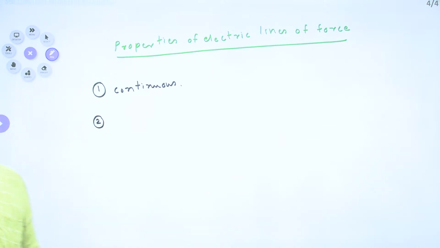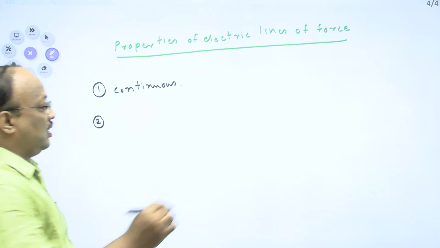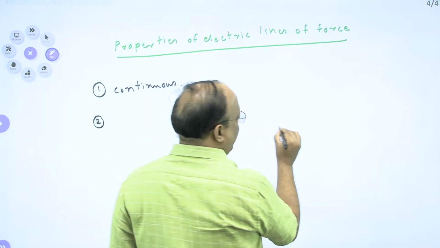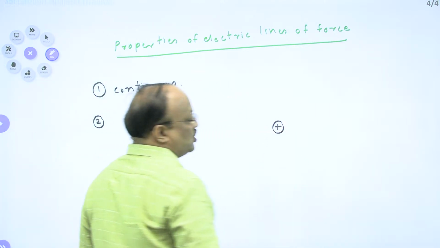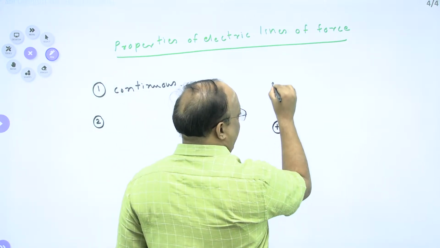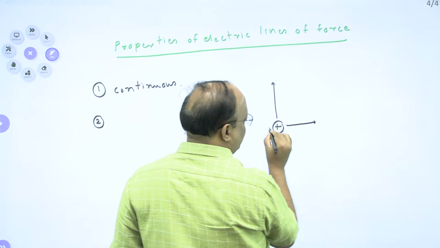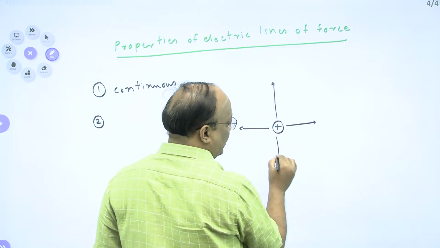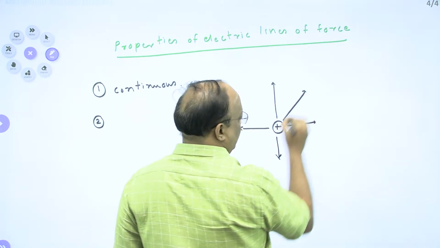Second, if we have an isolated positive charge, what have we seen? Diverged electric lines of force. Electric lines of forces are diverged.